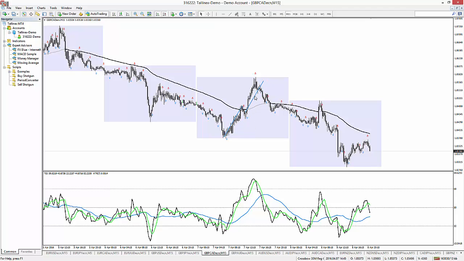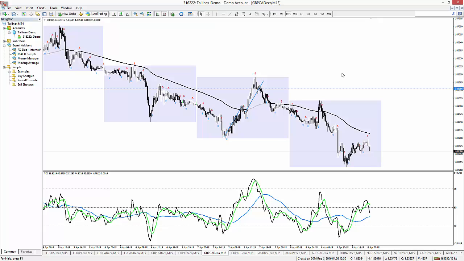GBP CAD, which is a pair I don't trade that often, but let's just look at the price action. And here we have these pin bars, not true pin bars because they haven't closed within the body of this candle, but this one has. And then we've got this engulfing bar here that closes below these 3 bars.